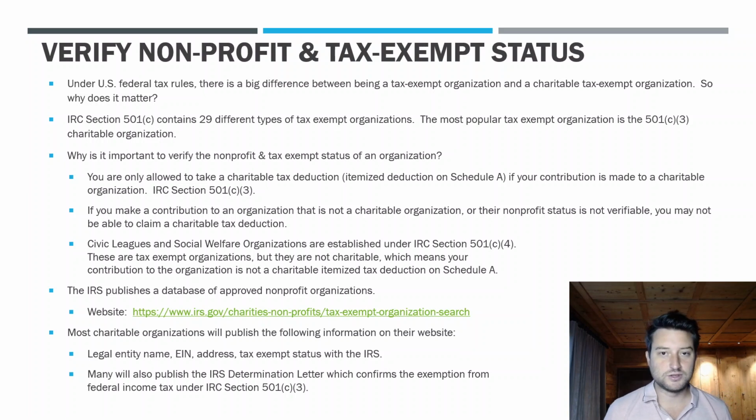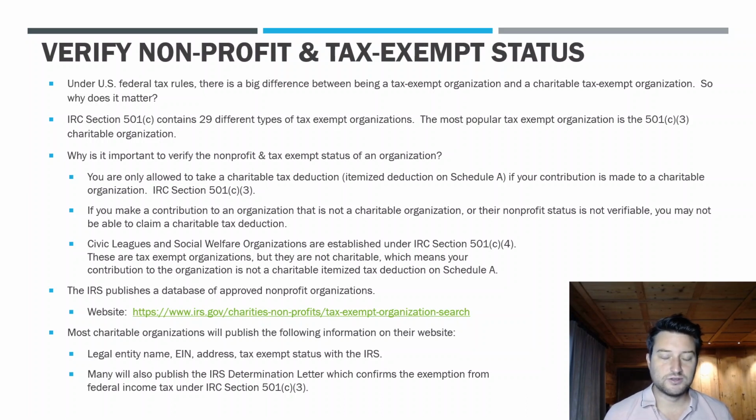Well, the first thing you do is always just ask the recipient. Ask the organization, hey, are you a 501(c)(3) organization or are you something else? They should know this and they should provide you this information. A lot of these organizations will have a website where they give you all the information, their name, EIN, their tax-exempt status, and they will often, just for additional assurance to the donors, post their IRS determination letter.